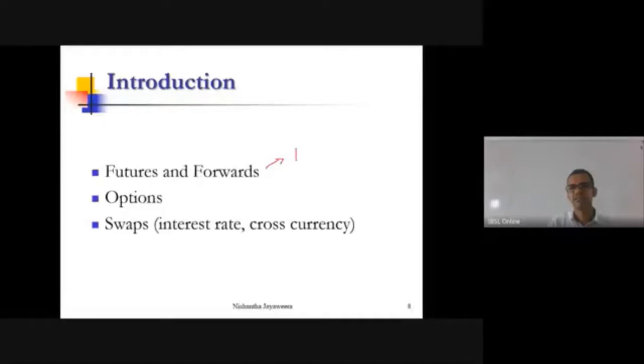Forwards may be FX forwards, which we have already discussed, but there may be other forwards, maybe equity, commodity, or any other underlying. And there's another one called forward trade agreement. So we are going to discuss that as well.